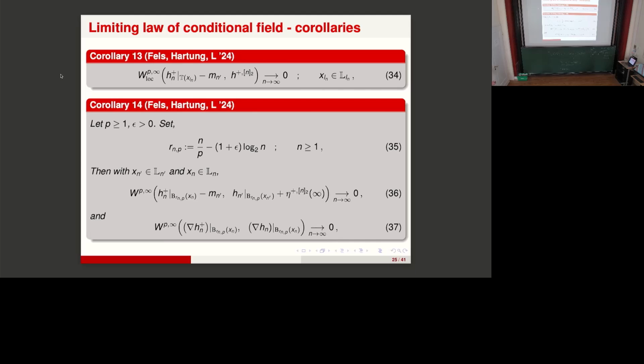What this is saying is that if you look at the field, conditioned to be positive, at a neighborhood of a leaf, of that radius, after subtracting the shift, the entropic repulsion, it looks like a regular branching random walk, only with a slightly smaller number of generations, n prime, at the neighborhood around a leaf of that branching random walk, plus a global dependent shift.